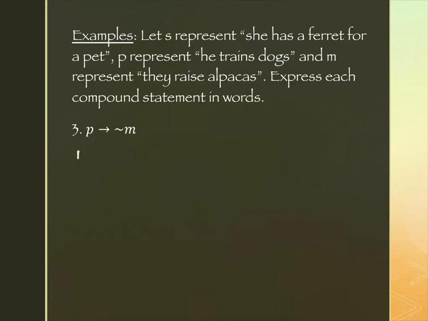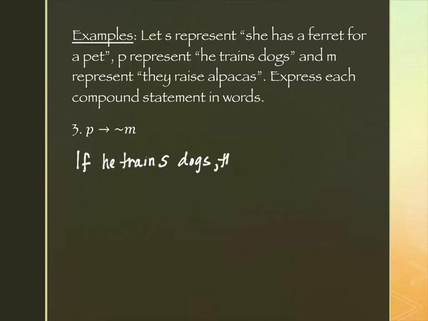So we always start out with if, because there's the arrow. The arrow tells us the if will be our first word. And then what does the statement P represent in words? He trains dogs. So if he trains dogs, that's the first part. And we're moving from left to right. We come to the arrow part.